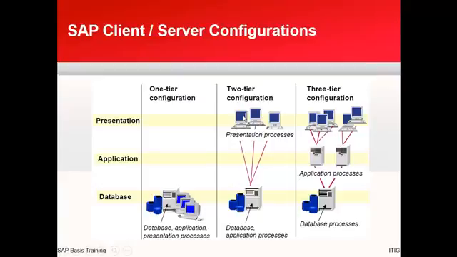In the center, the two tier configuration has presentation processes, and at the bottom both database and application processes. In the three tier configuration you have the presentation layer, application process and database process all separate.